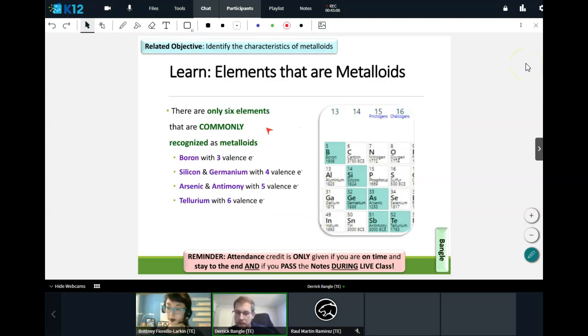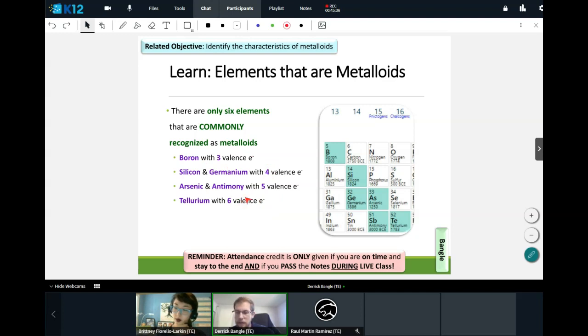Other than the ones that scientists continue to dispute over, there are 6 commonly recognized elements that are considered metalloids. One being boron with 3 valence electrons, silicon and germanium having 4, arsenic and antimony having 5, while tellurium has 6. So you can see, based just on the sheer variety of metalloids, that they can have different numbers of valence electrons, right?